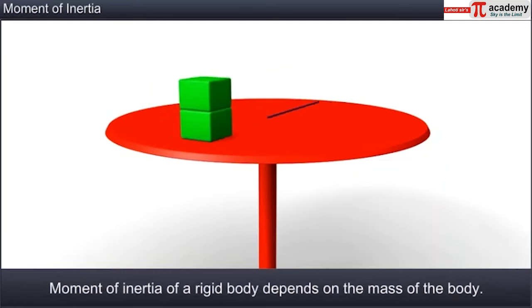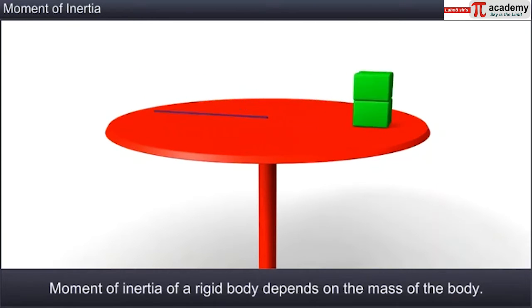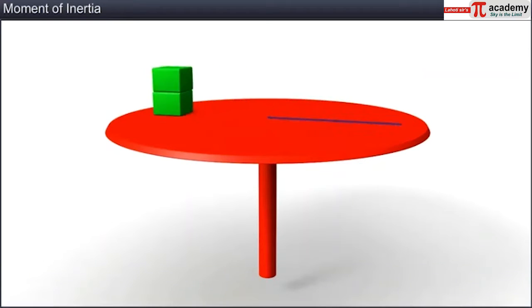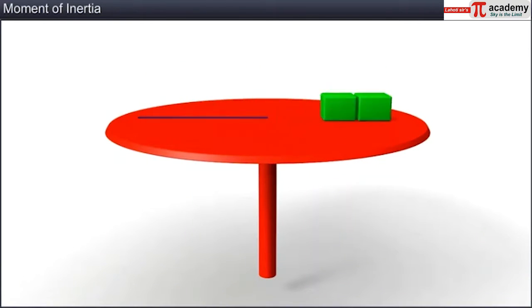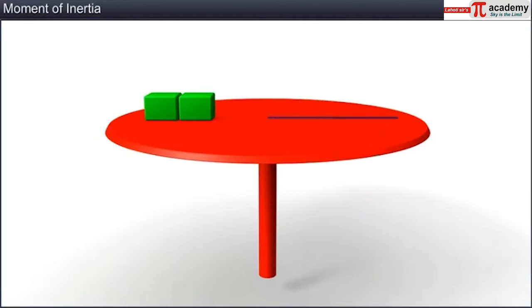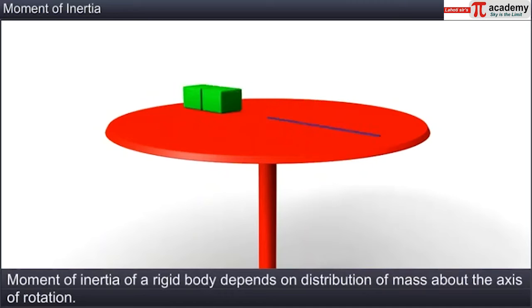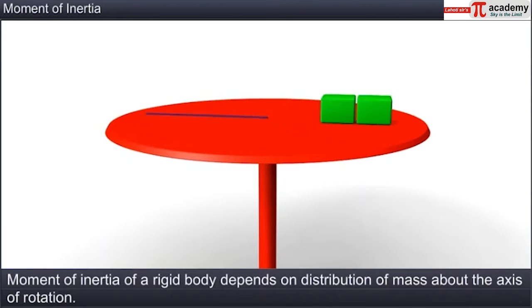This implies that the moment of inertia of a rigid body depends on the mass of the body. If one of the weights is shifted as shown, then we observe that its angular speed of rotation increases. This means that the moment of inertia of a rigid body also depends on the distribution of mass about the axis of rotation.